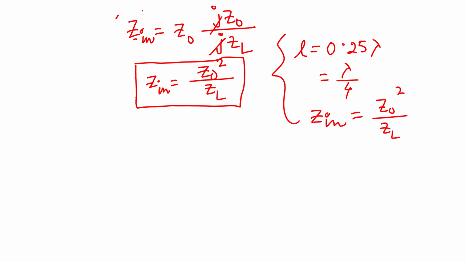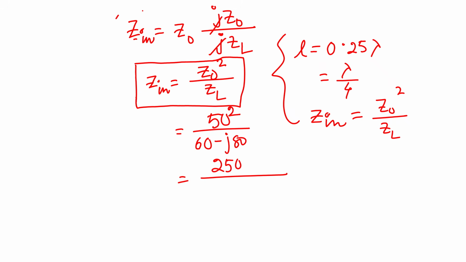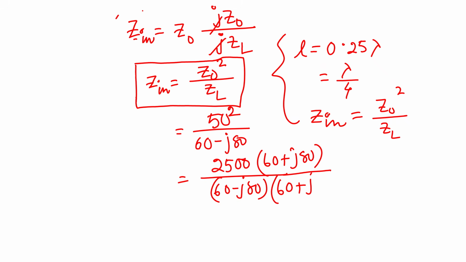Now in the question the value of Z0 is given as 50, so this will be 50 square, and my ZL is 60 minus j80. So 50 square is 2500 into 60 plus j80, and this is whole divided by 60 minus j80 into 60 plus j80.